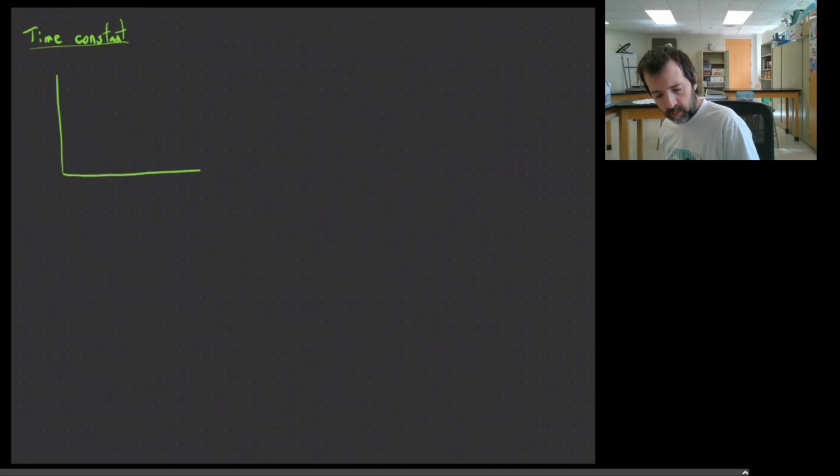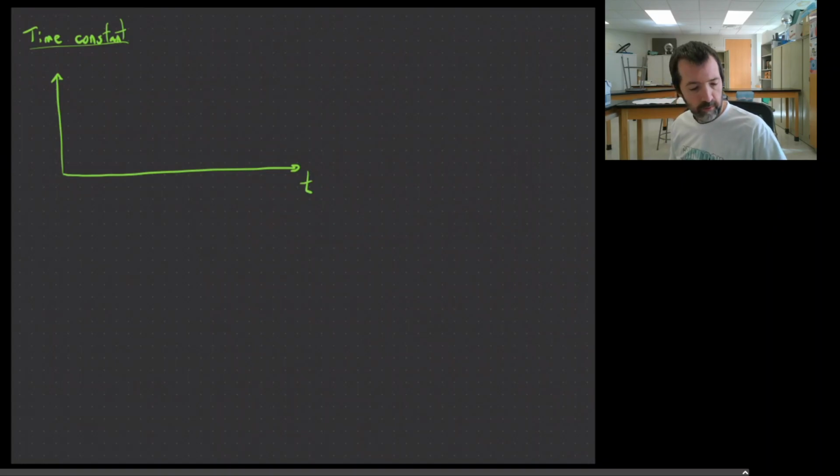Okay, let me talk in a little more detail about the time constant. Suppose I am graphing, let's make this be Q. Suppose I'm graphing Q as a function of time.